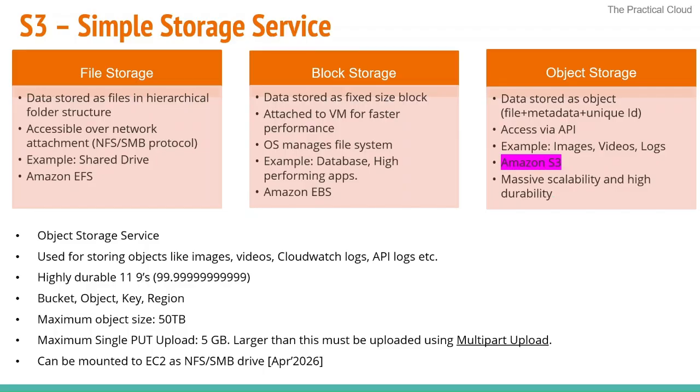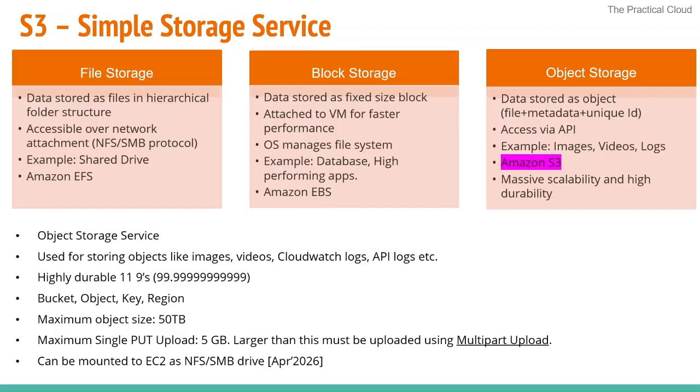All objects get stored in a bucket. We need to create a bucket, and under the bucket we have to store an object. The object will have a key which will be used to access the object, and they get stored in a region. When we used to create a bucket earlier, we had to provide a unique name to the bucket.